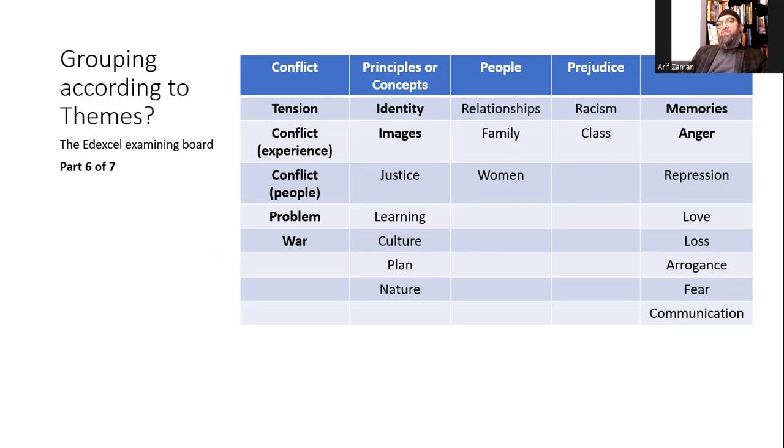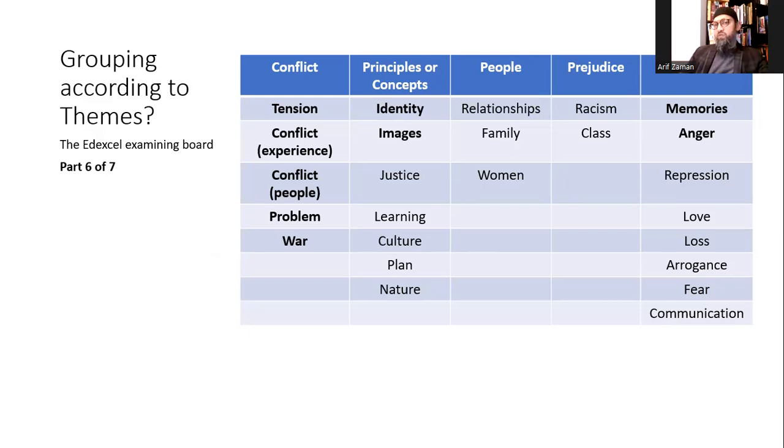So the idea of conflict or specific mention of conflict is possible because conflict experience and conflict people have come up. But just so you know, a poem which has war, where the question is going to be about war, is more and more unlikely.